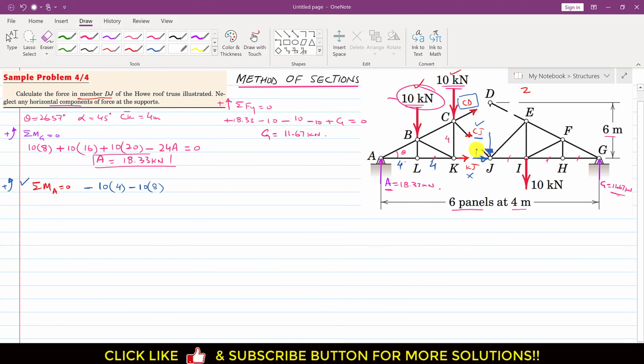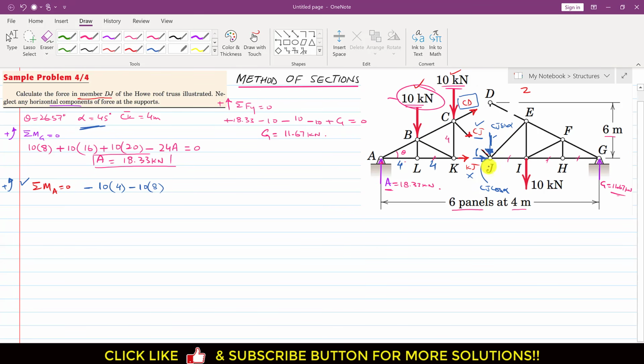We know this angle is 45, we have determined it already. This one is the cos component, Cj cos of alpha, and this one is the sine component, Cj sine of alpha.